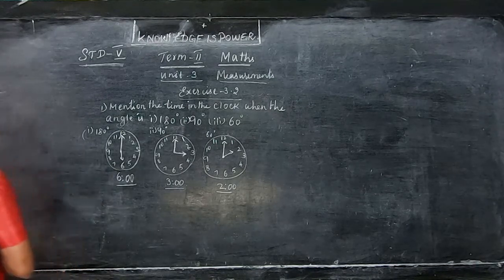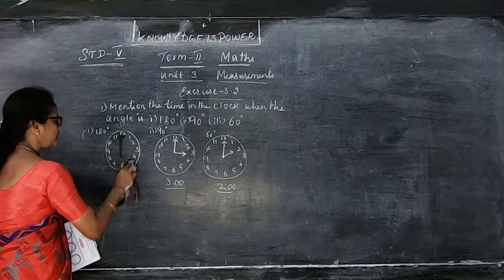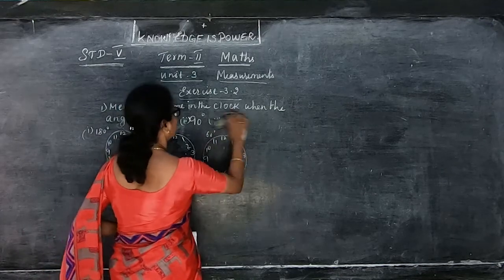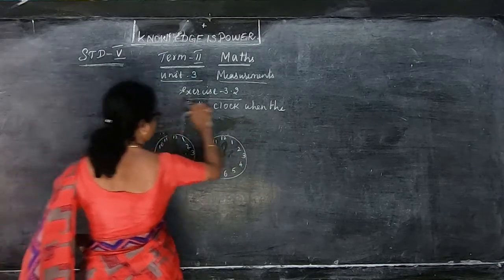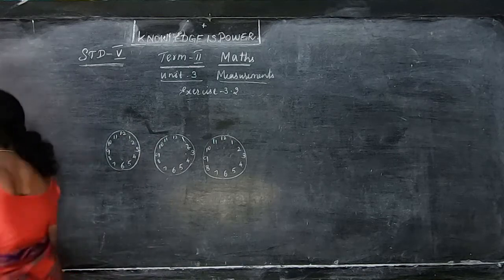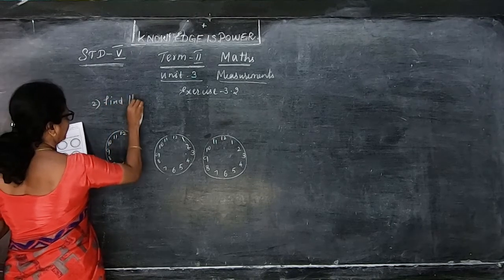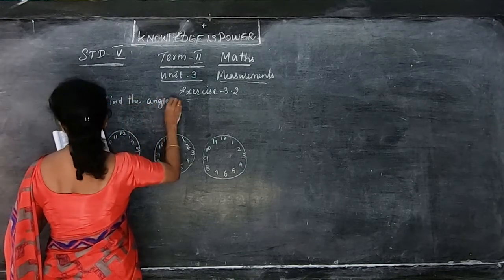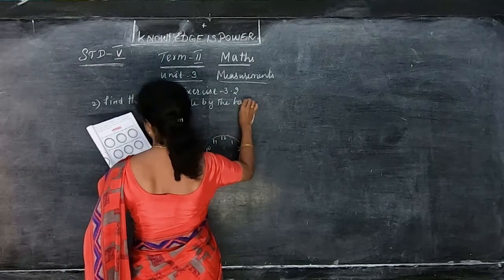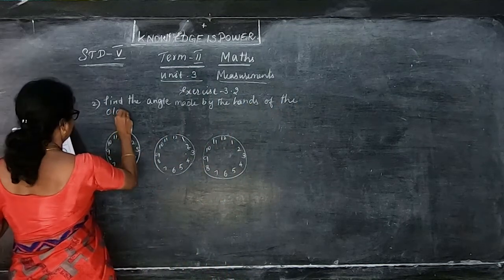Second sum: find the angle made by the hands of the clock at the given time.